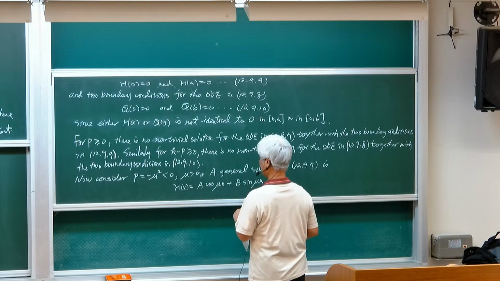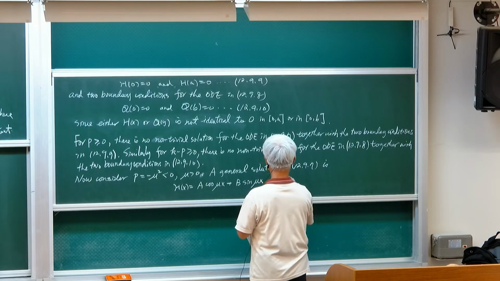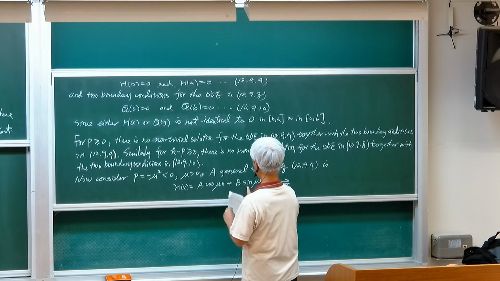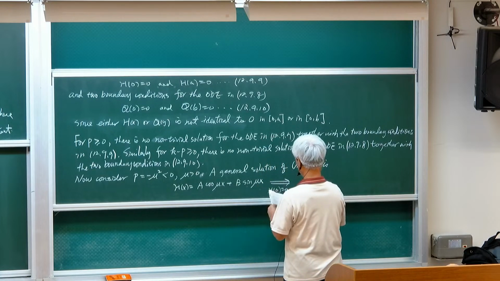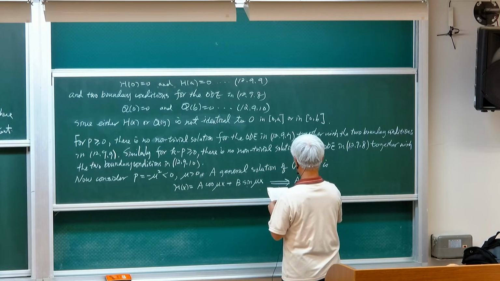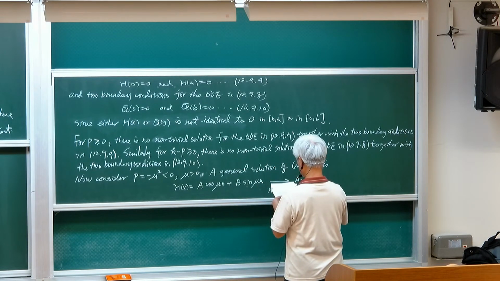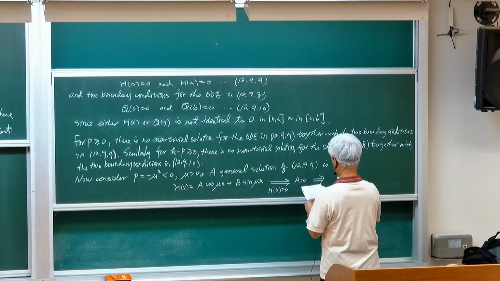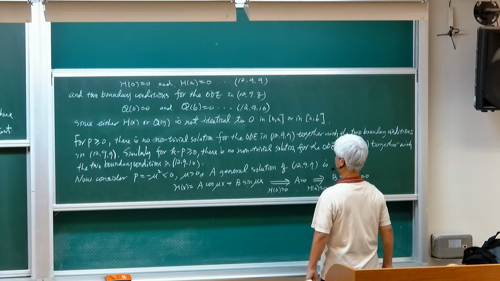Now h of 0 is 0 implies a equals 0. And h of a equals 0 implies that b sin mu a is 0.